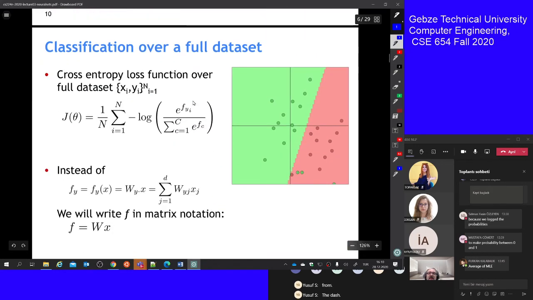Okay, and in order to get these wy's and these wyj's, of course, yj is the member of wy, I need to minimize this loss function. Minus log of the softmax function.